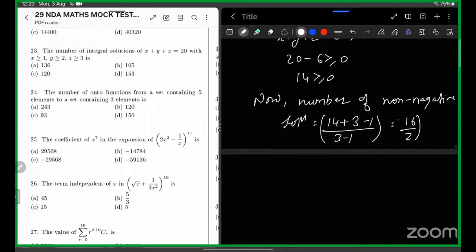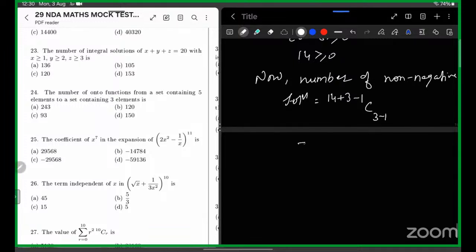Total number of non-negative solutions will be equal to 14 plus 3 minus 1 choose 2, that is 16 into 15 by 2, that is 120. Where is the option? Option number B.